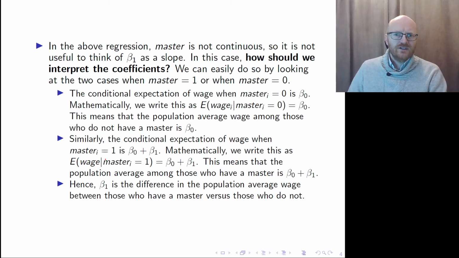So for example, the conditional expectation of wage when master is 0 is just beta naught.